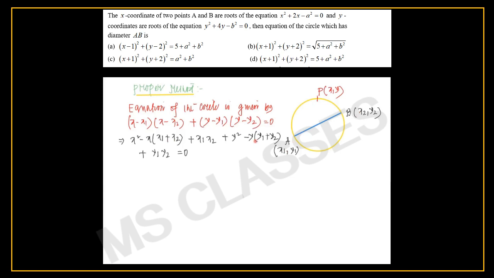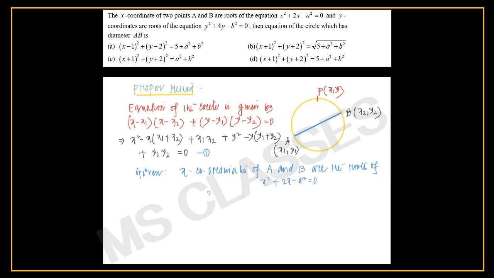Now, given this, we mark it as equation 1 and we take the given expression. Now, the given information is that the abscissa of A and B, that is the x coordinates of A and B, are the roots of the equation x square plus 2x minus a square equal to 0.